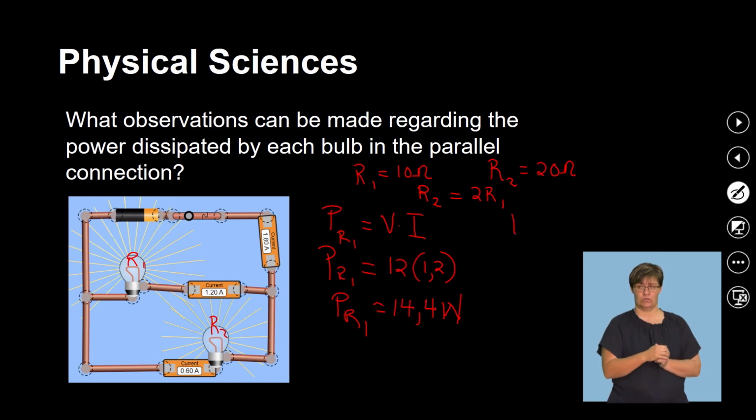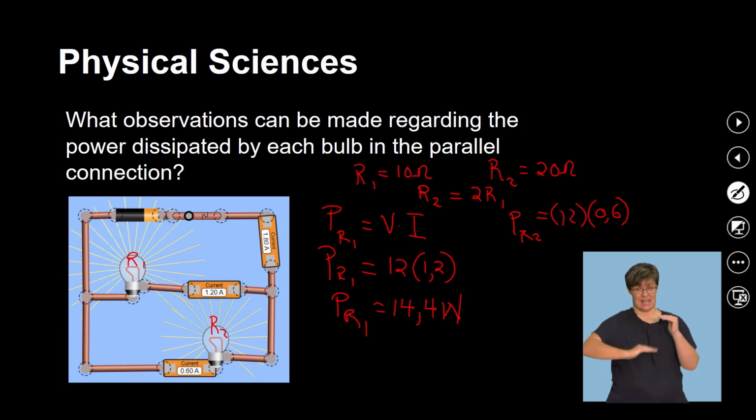Now let's determine the power that is dissipated by R2. So P for R2 is equal to the voltage, which is constant, which is 12, multiplied by the current, which is 0.6. You'd realize that the current that goes through R2 is actually half that of R1.